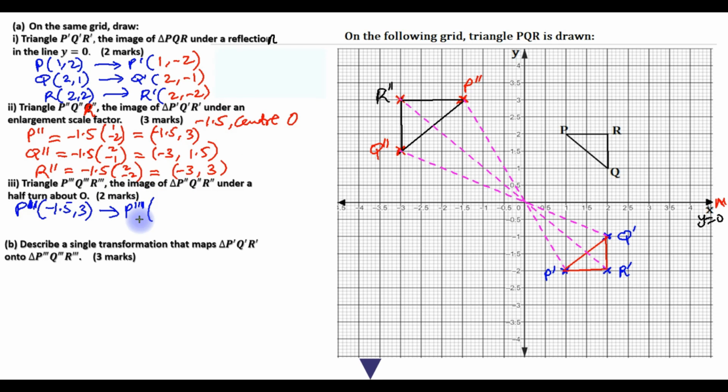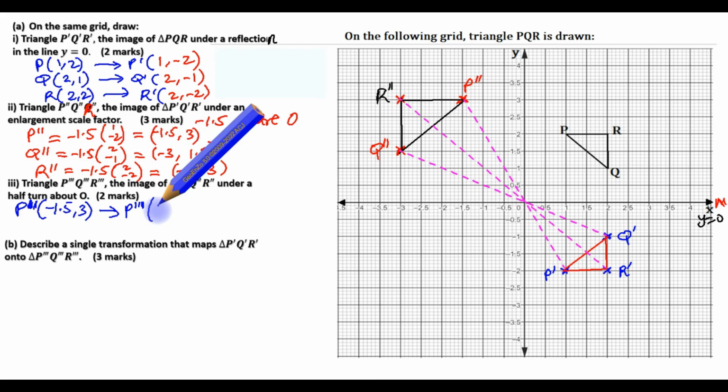Since it is a half turn rotation about the origin, the signs are what will just be interchanged.